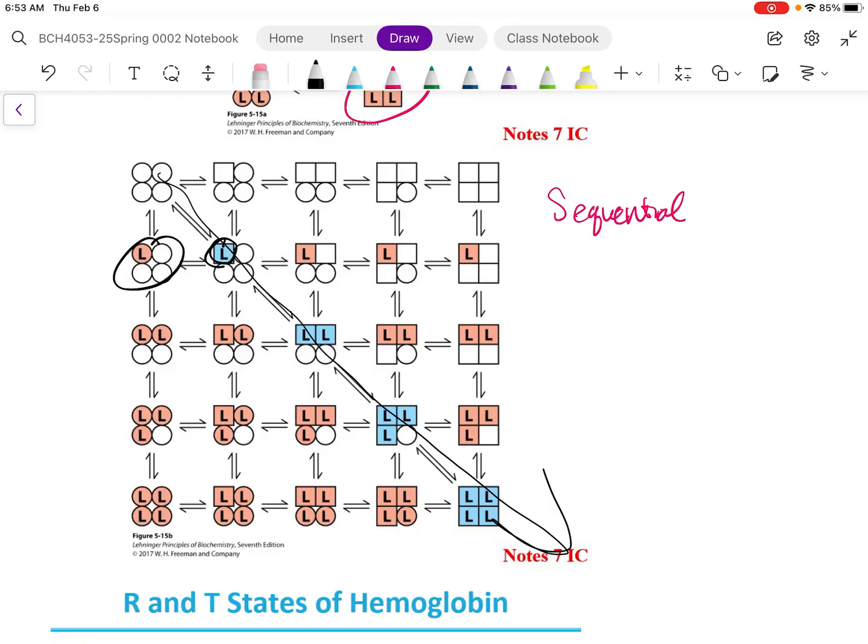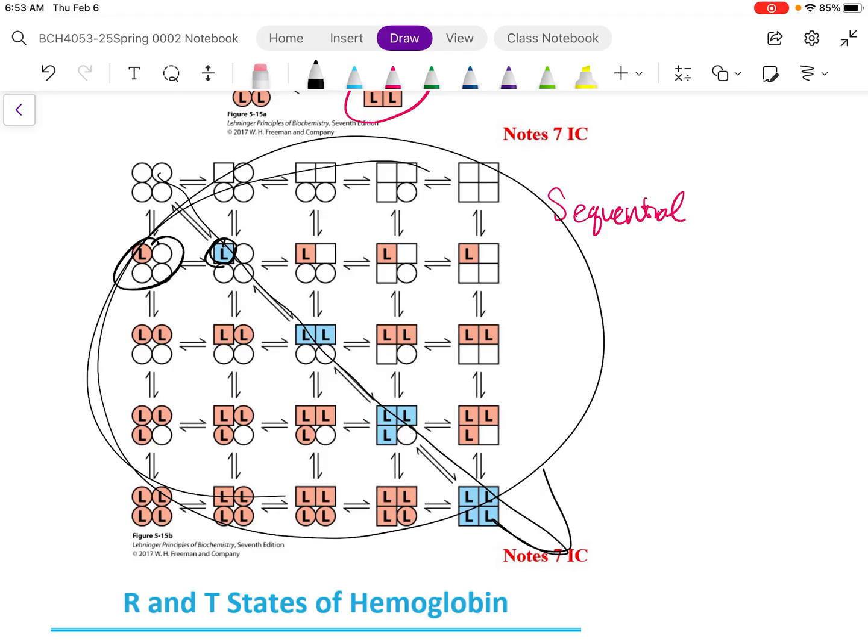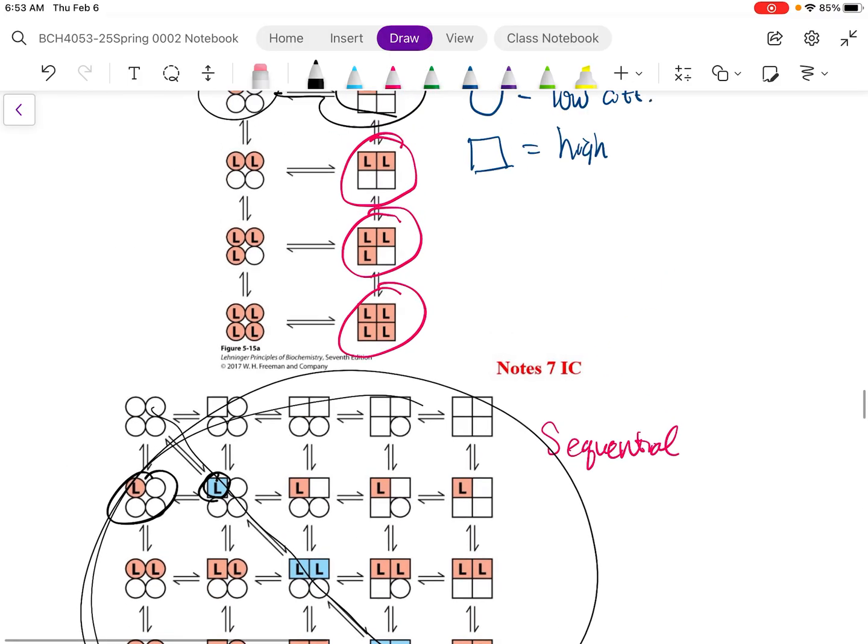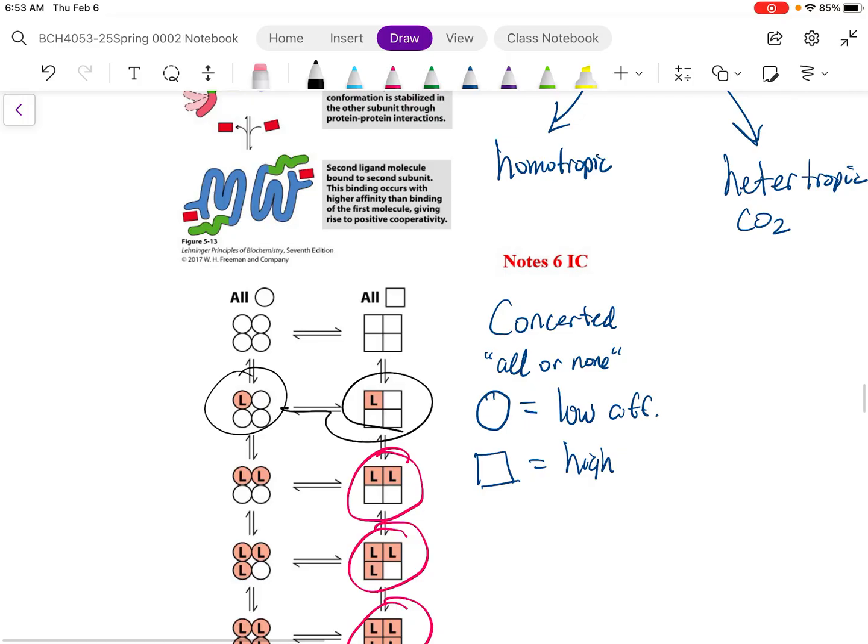So just make sure you know the difference between these two models. Heavens no, don't you dare start memorizing every single step on that graph. That's not the point. It's just, what's the difference between the sequential and the concerted? If you can put that into your own words, then I think that's really, really good. And you'll be just fine.